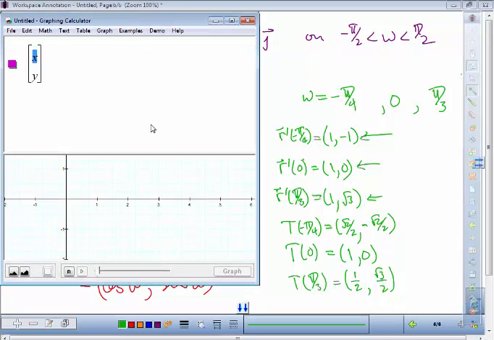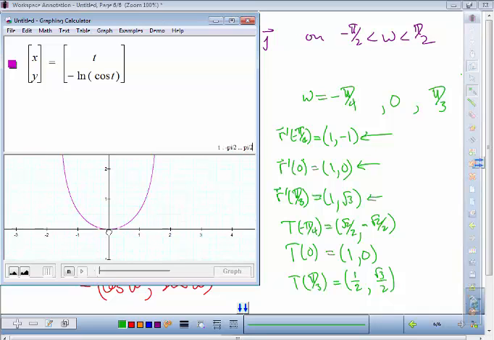So let's graph our Grim Reaper. We have to use t because this graphing program only understands t. Negative ln of cosine of t, and we're going to go from negative pi over 2. We don't want to go all the way to negative pi over 2, because it's undefined.